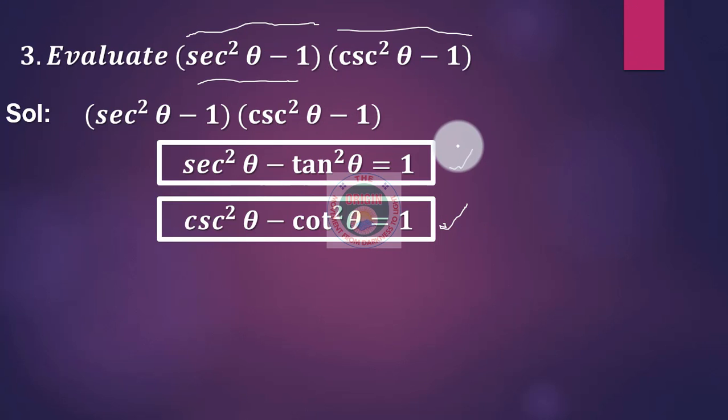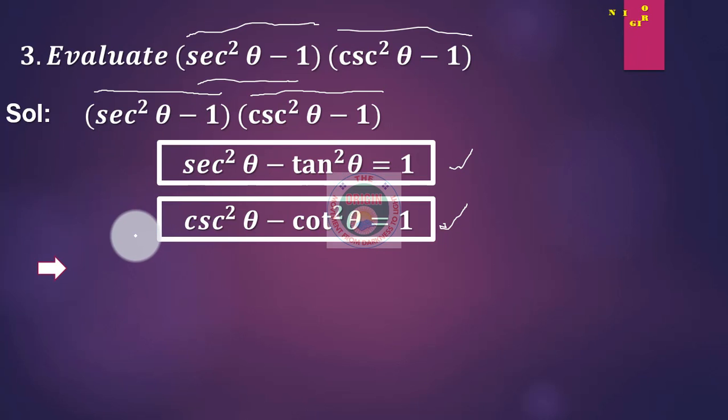These two formulas we discussed. Here, what is secant square theta minus 1? From secant square theta minus tan square theta, secant square theta minus 1 equals tan square theta, and cosecant square theta minus 1 equals cot square theta. These two formulas are there. Once check and observe.